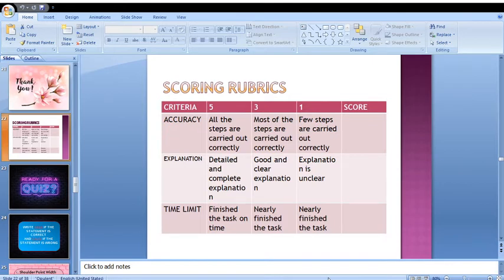Your criteria are the accuracy, explanation, and your time limit. I will give you 10 minutes in each group. All you need to do is to select your representatives and perform here in front. Okay, so you may start now.